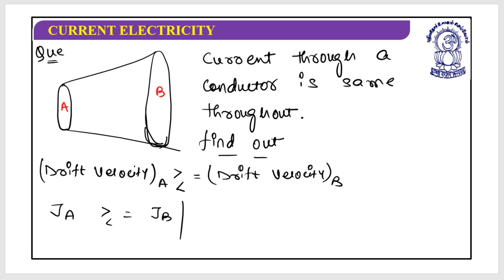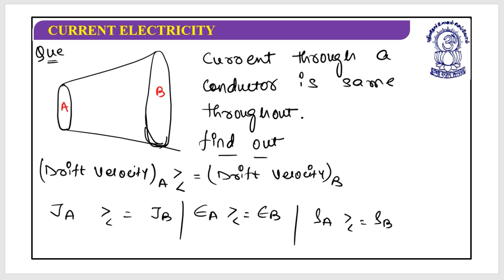I am interested in electric field E at A, E at B, greater than, equal to. Next, resistivity rho at A, rho at B, greater than, less than, or equal to. Yes, I'm interested in this only.